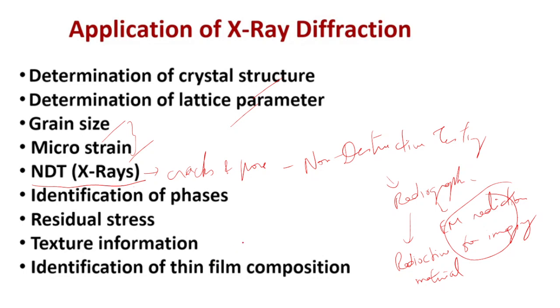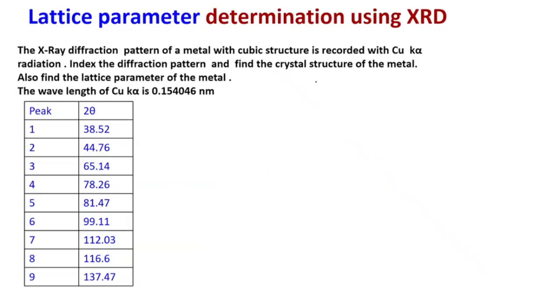Okay, coming back to this. XRD is also used for identification of phases, residual stress, texture, transformation and all. I don't know whether we will cover it today itself, but maybe in next week's class we will cover grain size, microstrain, identification of phases. As of now, we will first find lattice parameter determination using XRD. We are taking our sample, this is our sample table.